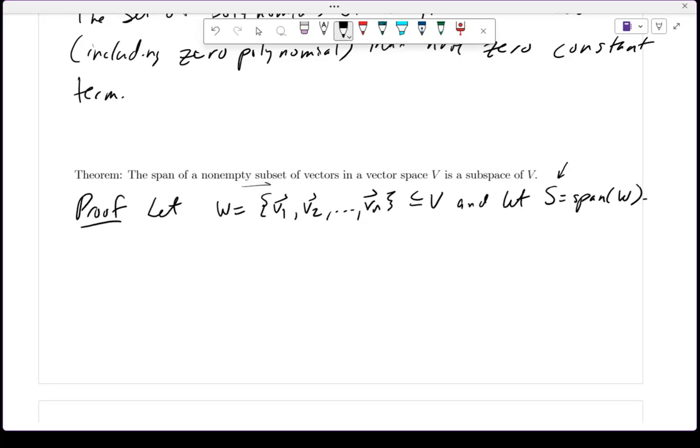So it's the span of a non-empty subset. I start with a subset, and I'm going to look at the span. So again, when we want to show that it's closed under addition and closed under scalar multiplication, we want to take two vectors out of here, show that the sum is back in there again, and then do the same thing for a scalar times one of them, right? So let's call them x1 and x2 be in S.